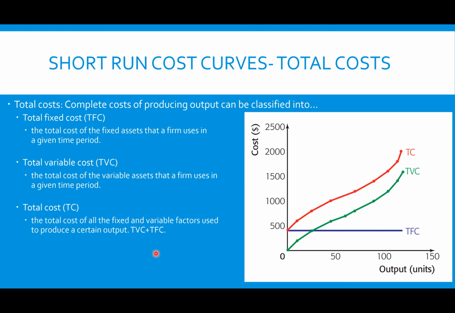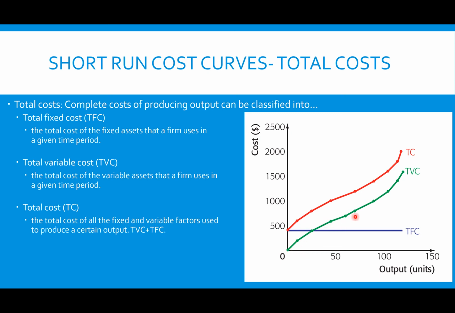By the way, TC is the addition of TVC and TFC. So first, let's look at TFC because this is very easy. It is straight. It stretches forever. For the second one, TVC, it generally shows a trend of increasing. However, this is not straight.